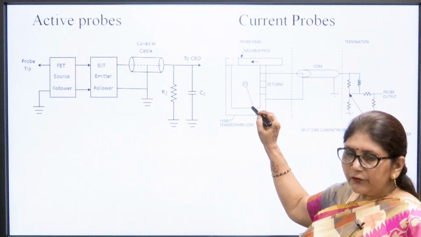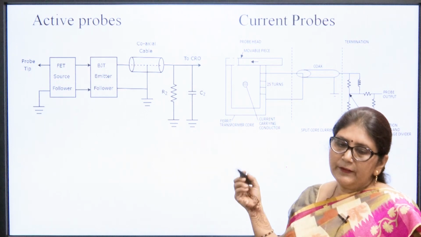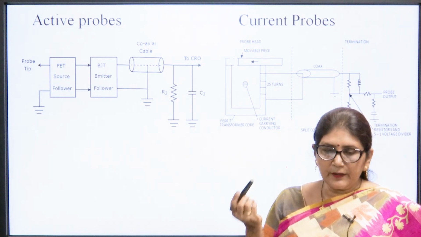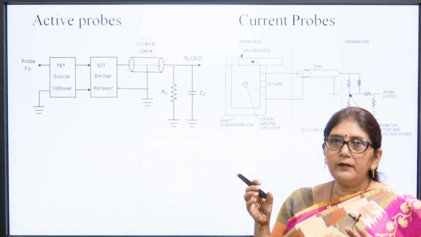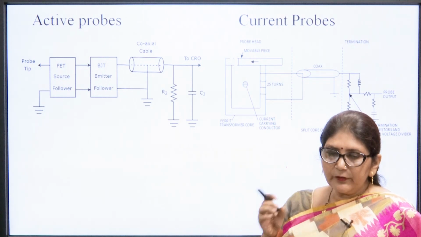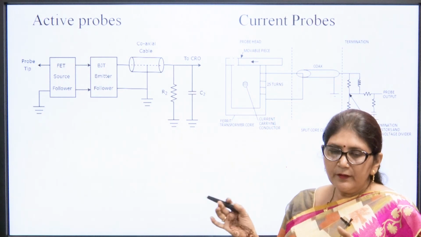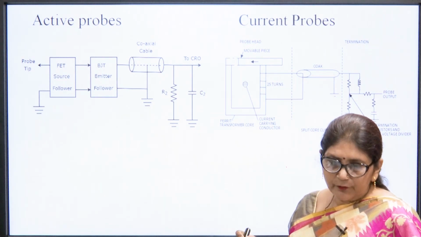The change in that electromagnetic field is sensed by the ferrite transformer core, and then the instrument will measure the current. So, here we do not need to break the circuit in which we want to measure the current. We can just put the probe around it and it will show the current.